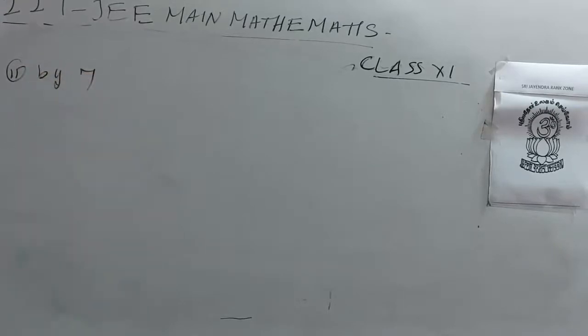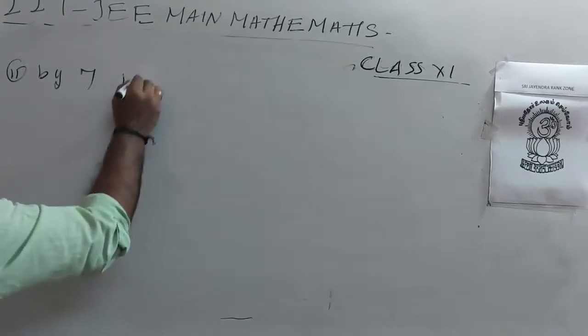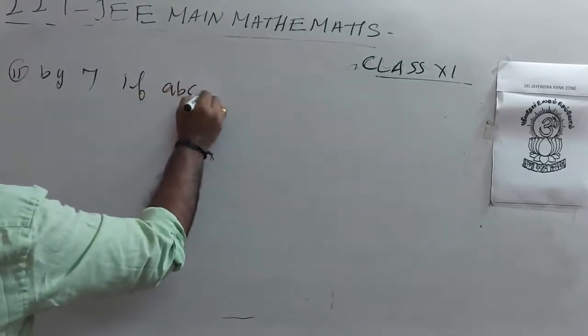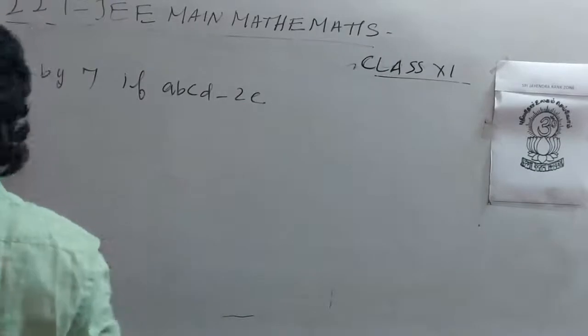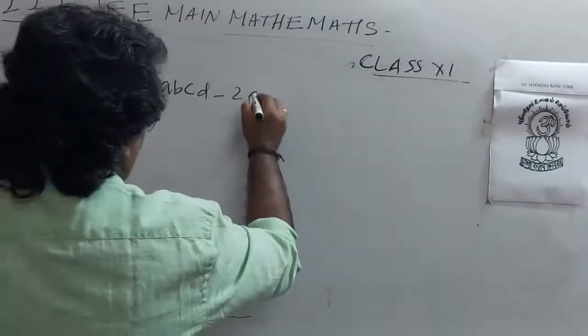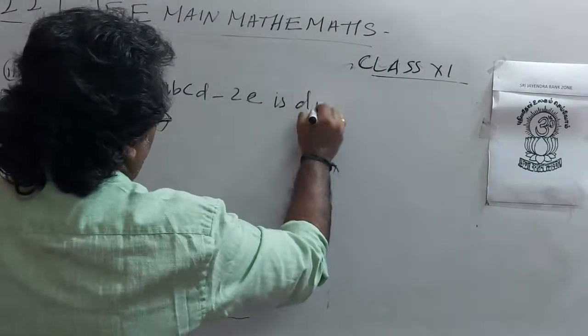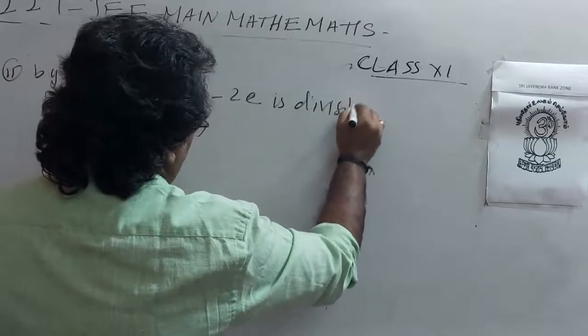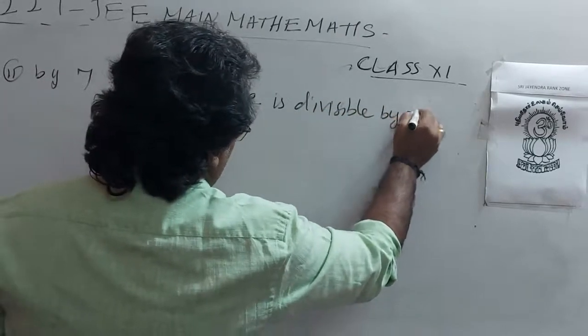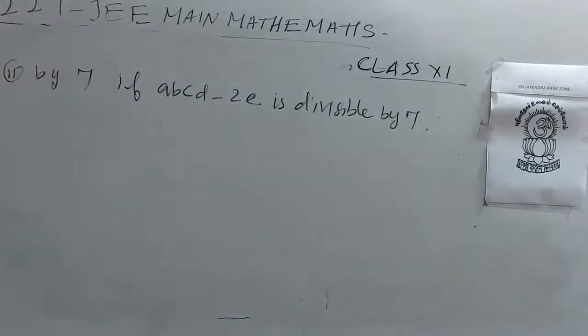By 7, if ABCD minus 2E is divisible by 7.